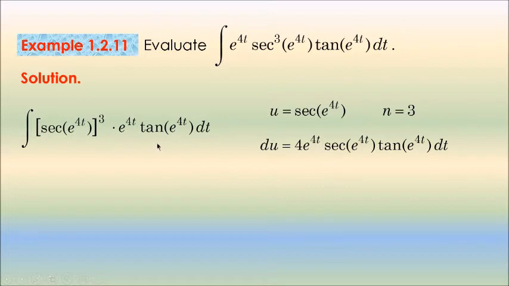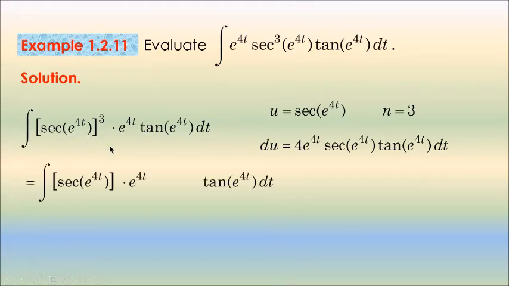But notice that this e to the 4t tangent of e to the 4t has a missing factor of secant of e to the 4t. So let's get this secant of e to the 4t from (secant of e to the 4t) cubed. Hence, we have secant of e to the 4t multiplied by e to the 4t secant of e to the 4t tangent of e to the 4t dt.